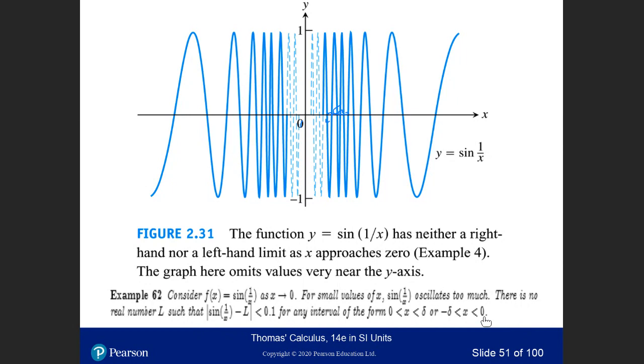This function does not have a right limit or a left limit at 0.